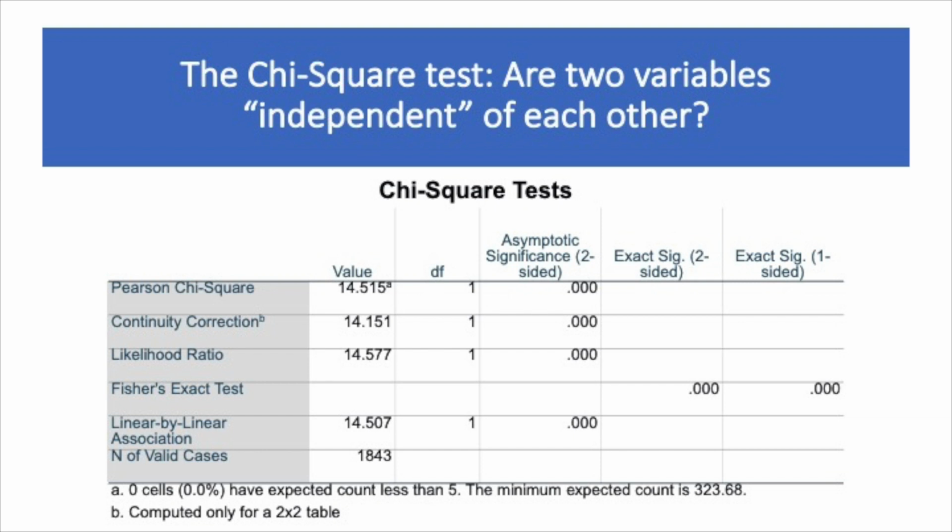That's the fourth column over in the Pearson chi-square row. And what we see here is a value of 0.000, so very small. That's our p-value. Our p-value is less than 0.001.